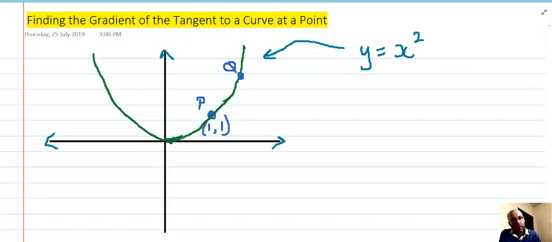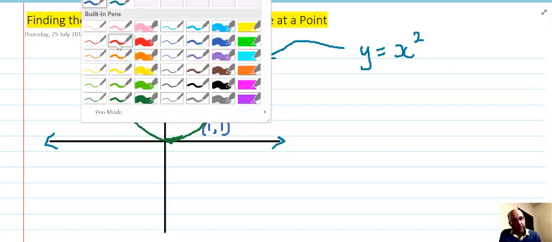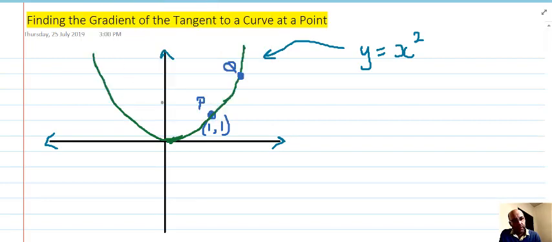Now we could draw a chord between those two based on our previous work. Let's see if I can do that and have it be visible. How's that? Is that alright? And we've got that there.